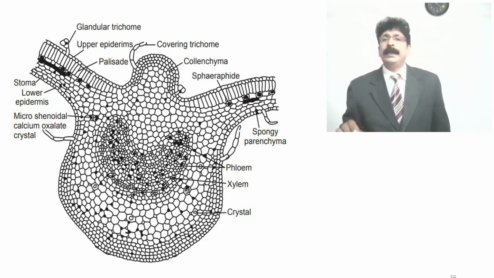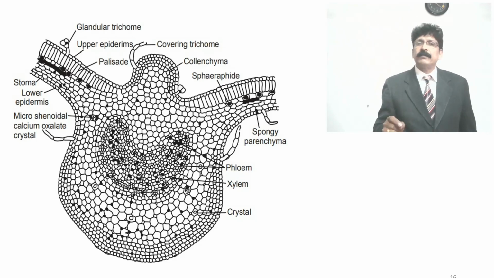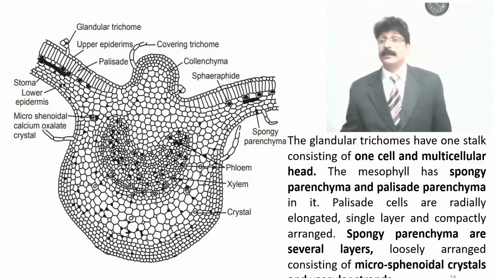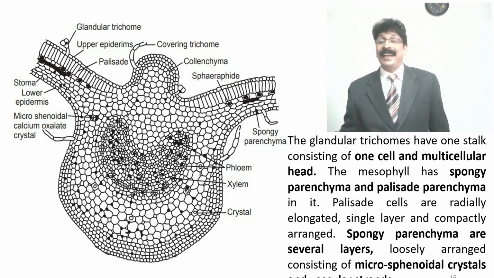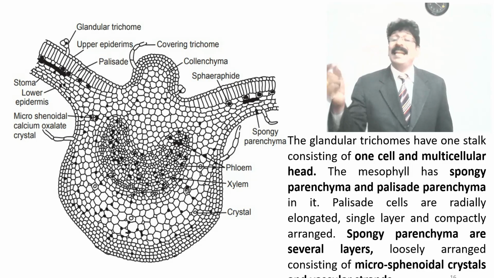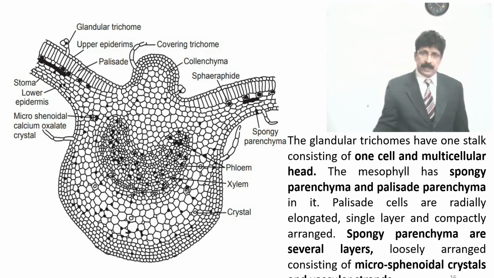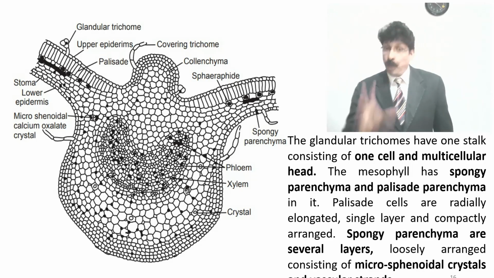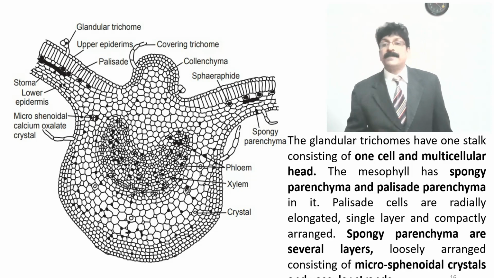It takes not even 5 or 10 minutes if you draw properly with a pencil. You can see that the glandular trichomes have one stalk of one cell and one-celled or multicellular heads. The mesophyll area in the lamina has spongy parenchyma and the palisade elongated cells, seen very clearly.